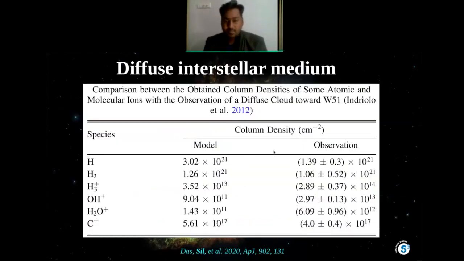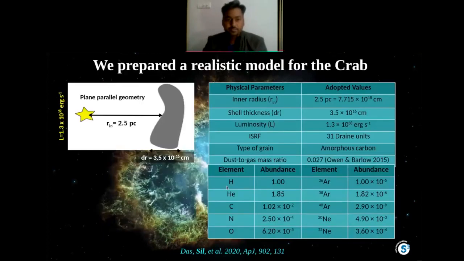We also established from our modeling the column densities of some simple species, and we compared our modeling results with the observation by Indriolo et al. 2012, who observed a diffuse cloud toward W51. Our result is well matched with the observation.